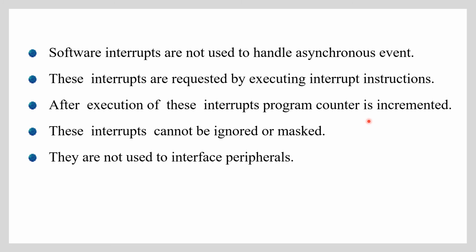So we have seen the interrupts in detail, hardware interrupt as well as software interrupt. Normally the question comes on hardware interrupts; software interrupts are not asked frequently. The question can be: what are the hardware interrupts?